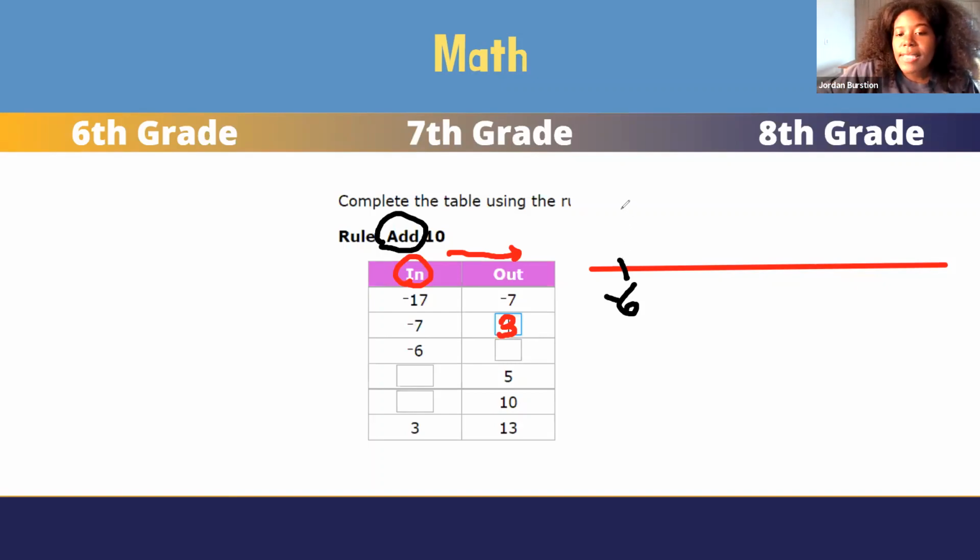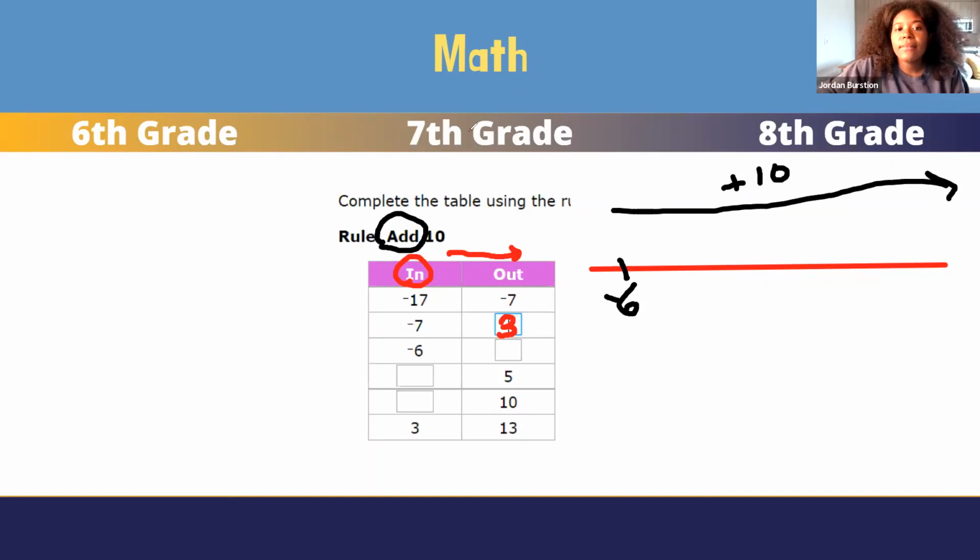So if we have -6 and we add 10 to the right, what would that give us, Aiden? And you can draw out a number line on your piece of paper to help. All right, let me see what you typed. 4, perfect, perfect. So you got it.